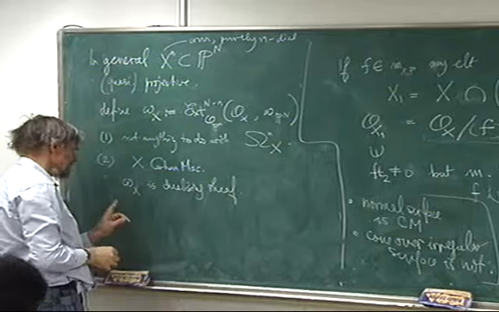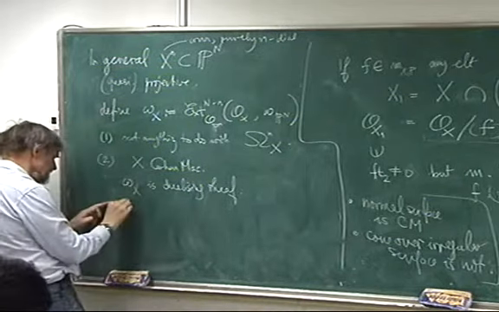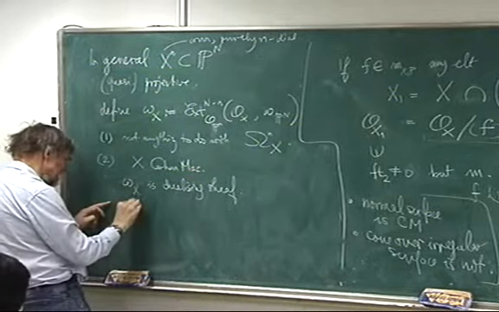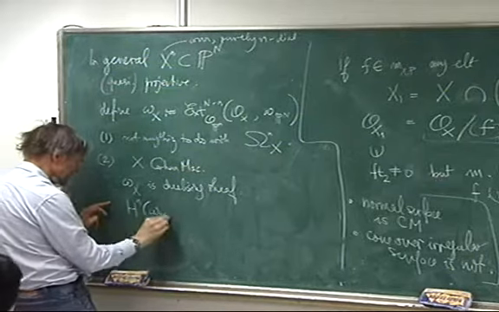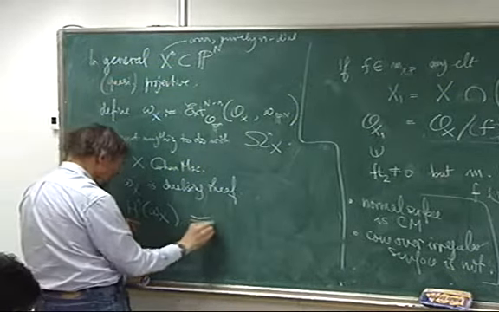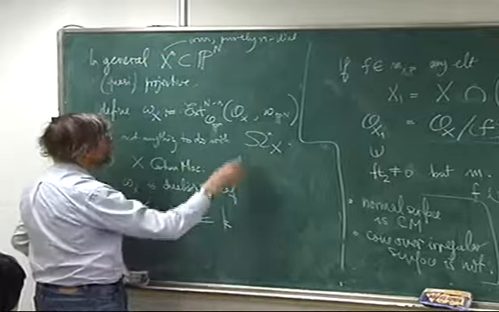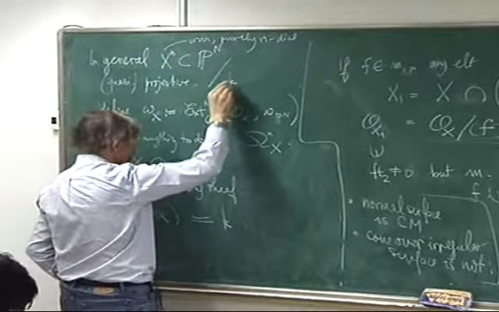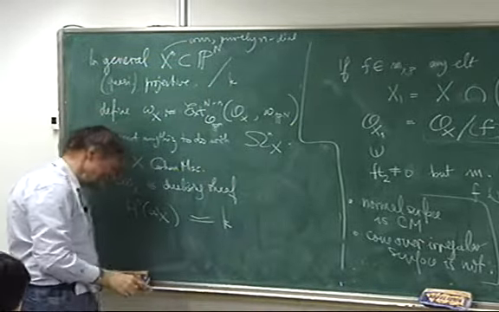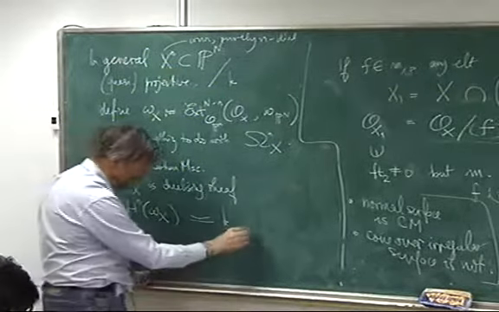What I want for this is that H^n of omega X is isomorphic to k. Well, we're over a field k, the ground field.